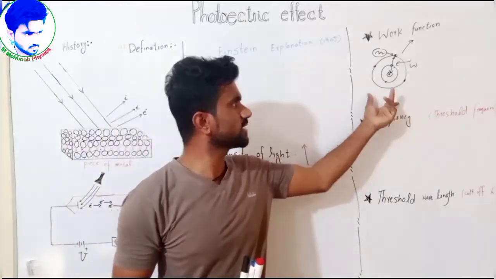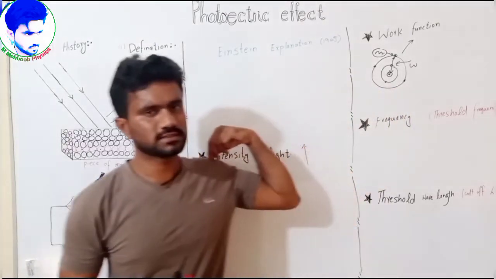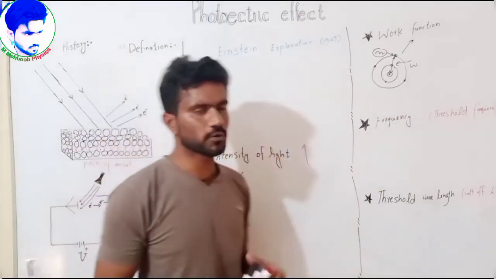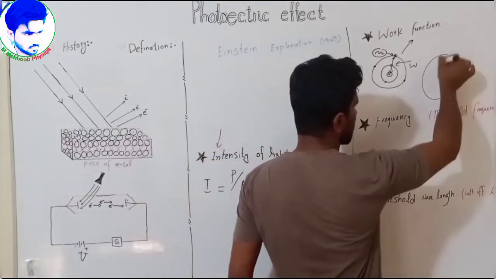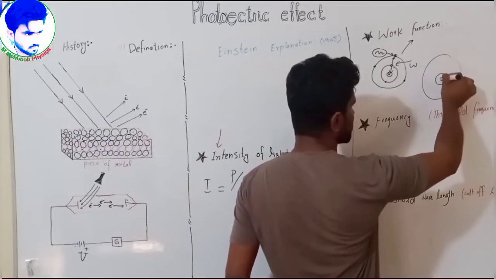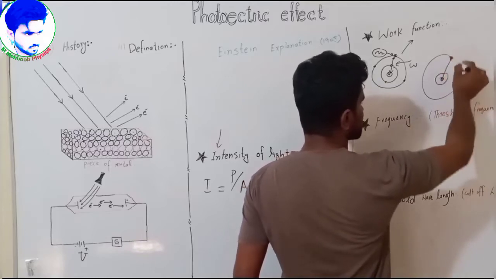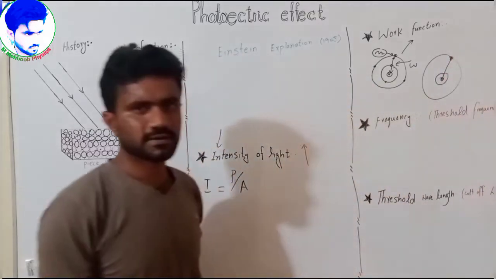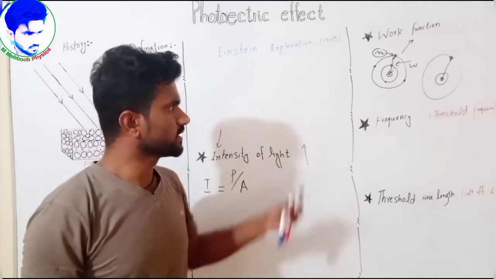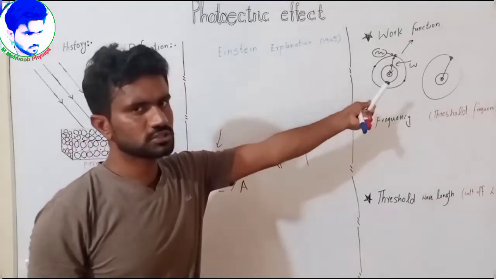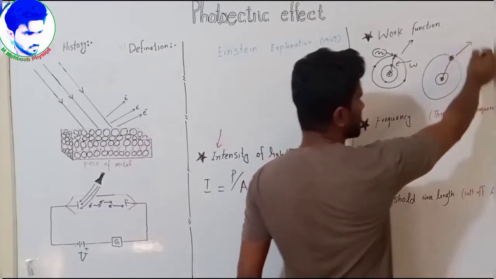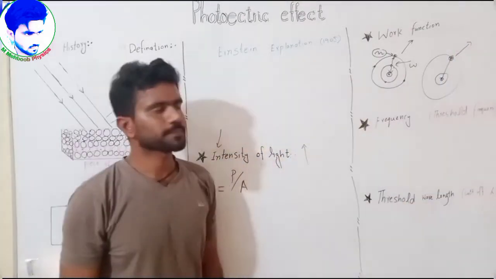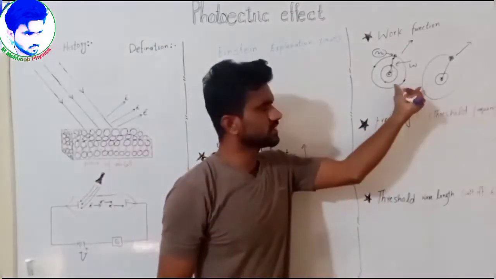Meaning to say that at very low frequency the cesium can perform the photoelectric effect. Why? Because the distance between the nucleus and the valence shell electron is greater, meaning that less energy is required to release this electron from that metal. So for cesium, the work function is very low.